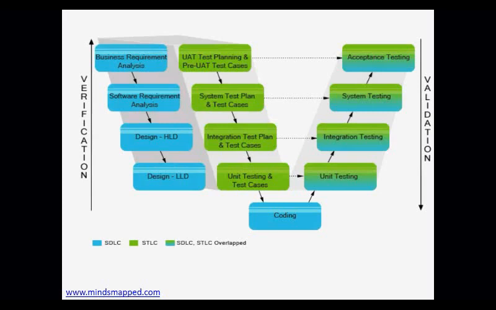All these things are taken care of in the verification part. Business requirements and software requirement analysis we get from the client. High level design and low level design are taken care of by the software architect in your organization. Coding is taken care of by the developers. So this is called the verification part.